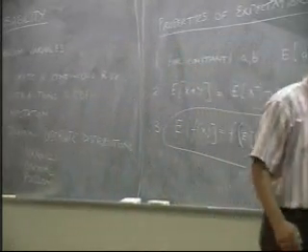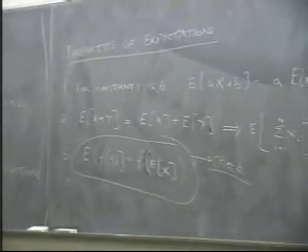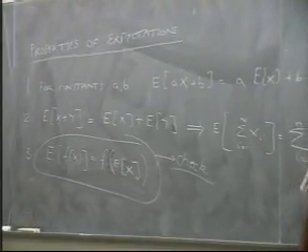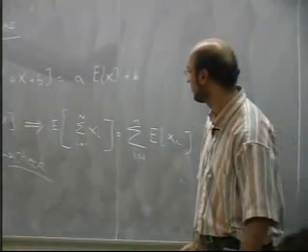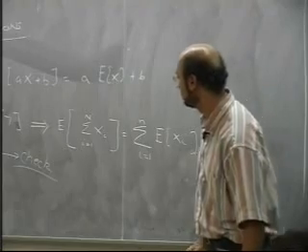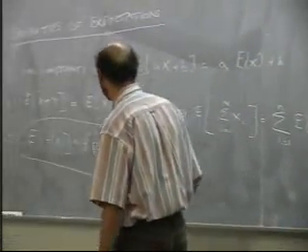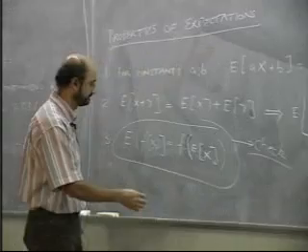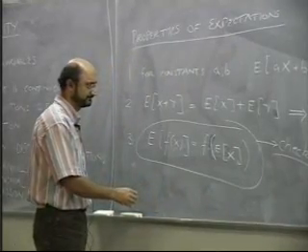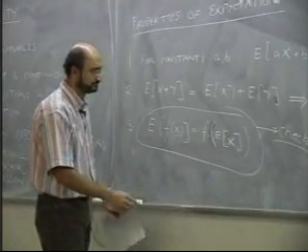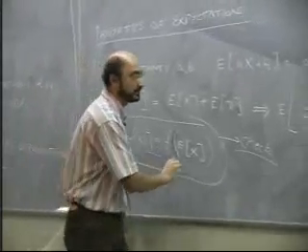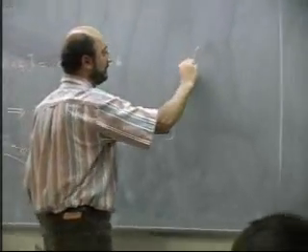If you write the right hand side in terms of the integral, E of f of x equals the integral of f of x times the density function. So you're saying I can write this as f of... Correct.